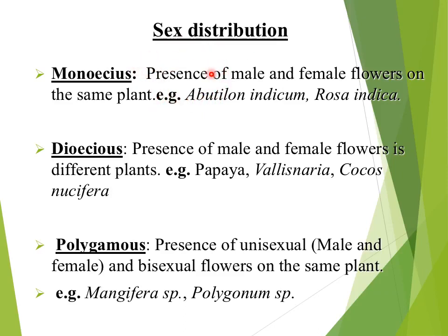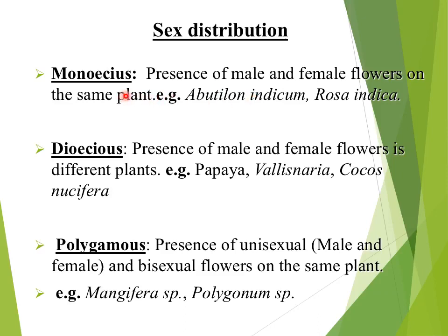Male is separate and female is separate. It's known as unisexual flowers or dioecious, having two houses, male house and female house. They are both separate from each other. Examples are papaya, Vallisneria, Cocos nucifera.